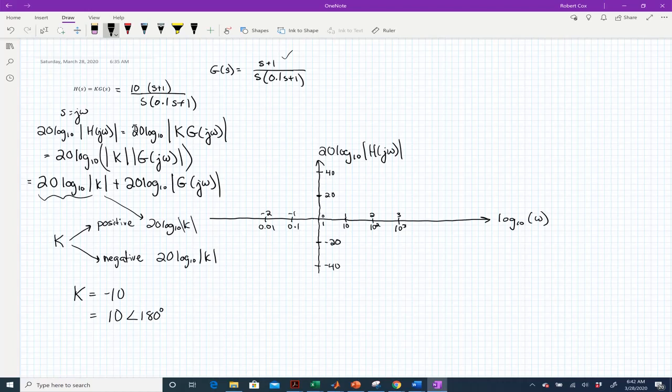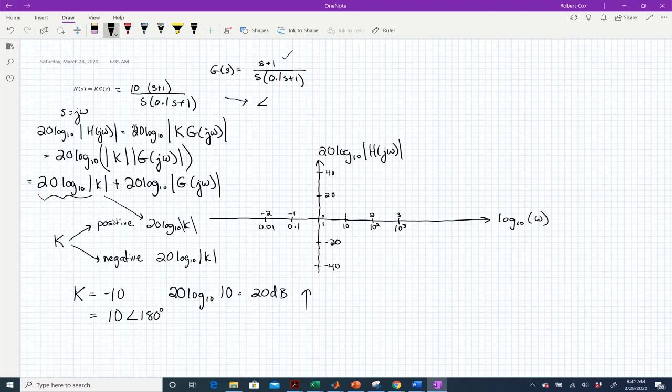In terms of the magnitude, if K equals minus 10, I would shift my graph up by 20 log 10 of 10, which evaluates to 20 dB. So I would take whatever my graph is and shift every point on the graph up by 20 dB.